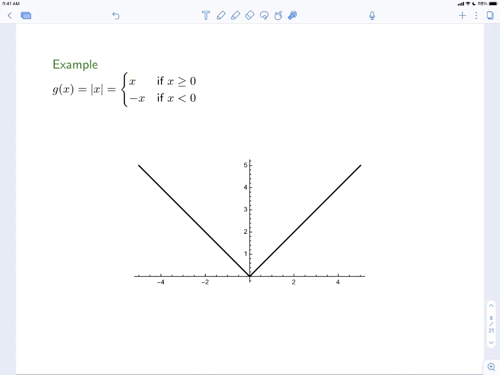I give you an x which is a positive number or 0, and you just give me x back. On the other hand, if x is negative, then you return to me the opposite of x. When you read this, it looks like negative x, so you think, oh, is this a negative number? No, it's actually the opposite of x. So when you see this symbol, you should read that as the opposite of x.